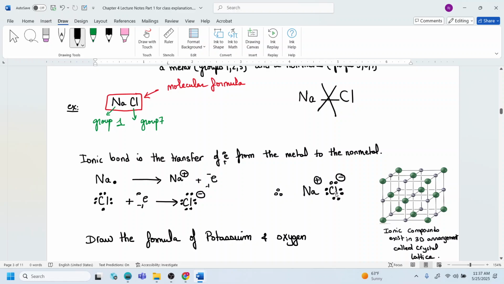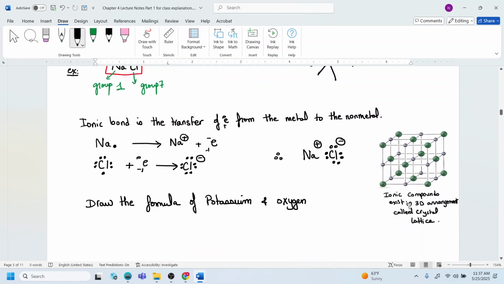So the sodium is going to bond electrostatically with the chlorine to compensate its loss of the electron. These are considered ionic bonds, and ionic compounds always exist in a 3D arrangement. We call it a crystalline lattice. Here, this is the crystalline lattice of salt.